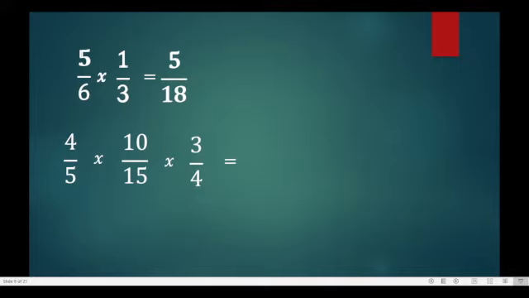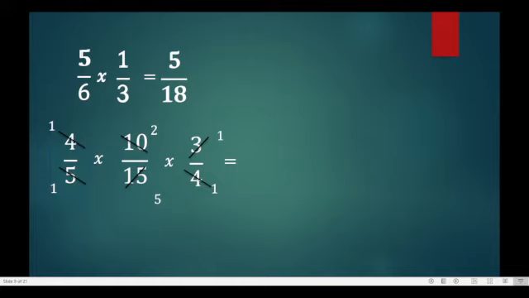So let's cancel first the 4 and 4. So that will become 1 and 1. And the next numbers are the 10 and 5. So 10 will become 2 and 5 will become 1. And then next we have the 3 and the 15. So 3 will become 1 and 15 will become 5.